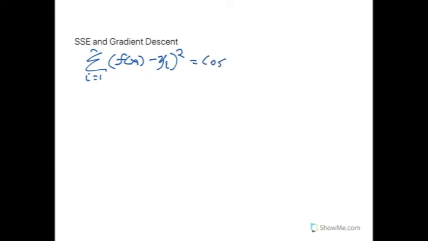So my cost is the sum of the squared errors. Now, because it's squared, this gives us an opportunity to use convex optimization routines, and gradient descent is the most common. You'll see it in even the most advanced quantitative modeling.